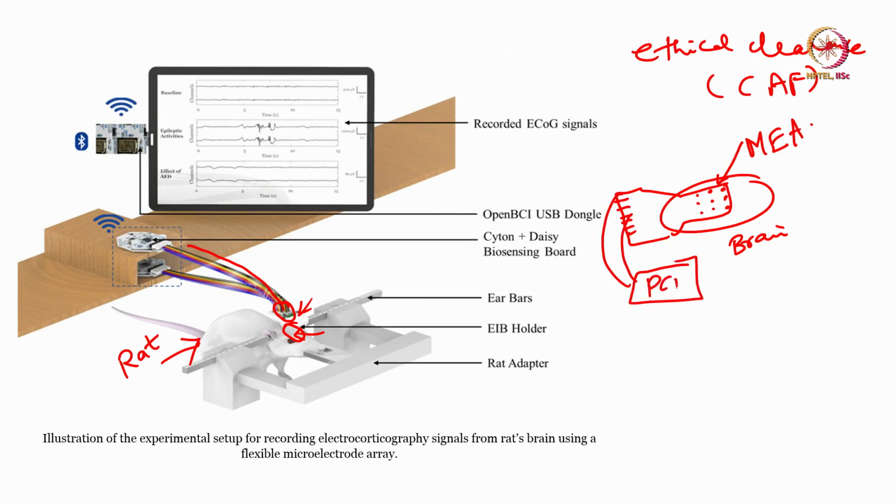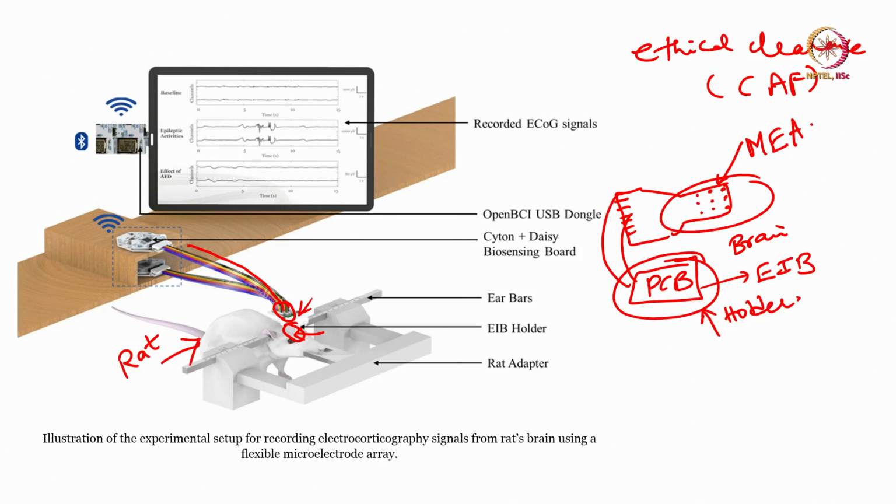Let us say this is a PCB. Now, that PCB is covered with the EIB holder. This PCB is called the EIB, electrode interface board, and there is a holder which connects and then sits on the head of the rat.